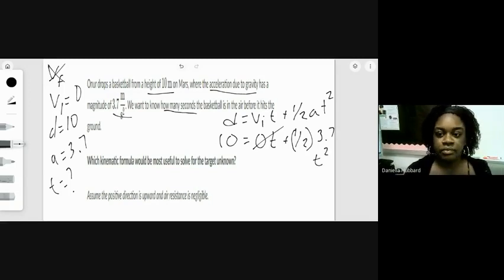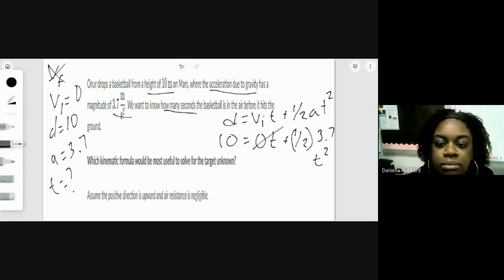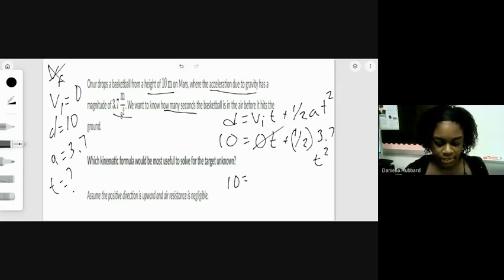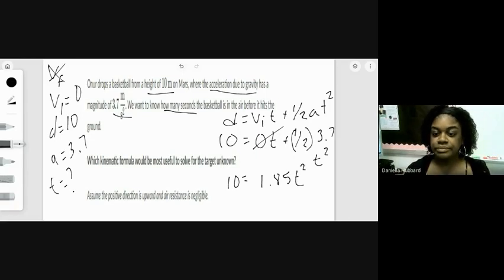Okay? First thing we can do, we can combine our 3.7 and our 1/2 because they're numbers. Okay? So I'm going to bring down my 10. 10 equals what is half of 3.7, which is 1.85. And I still have my T squared. Okay?